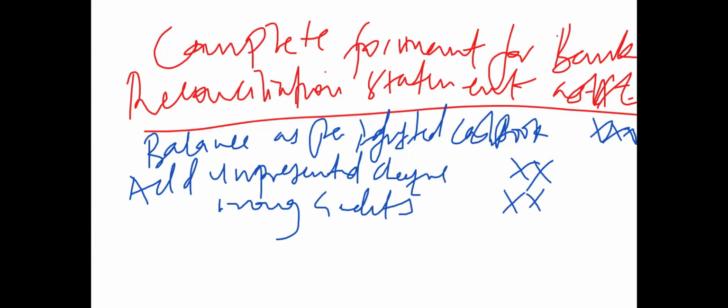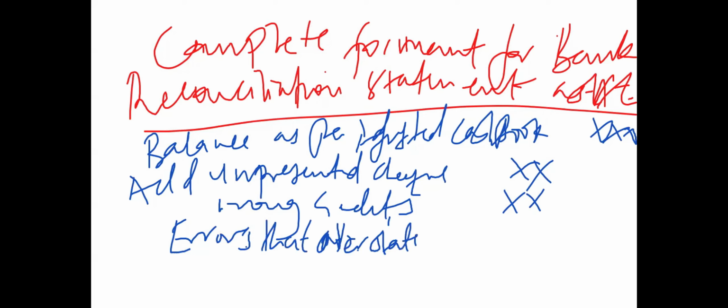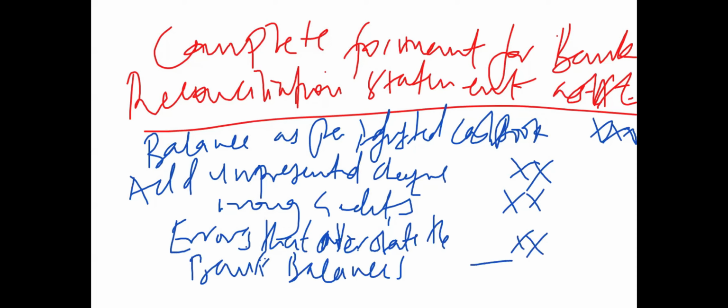Then we also add errors that overstate the bank balance. We add it there. So we take the final value this side, and that will give us a certain balance from which we are going to less.